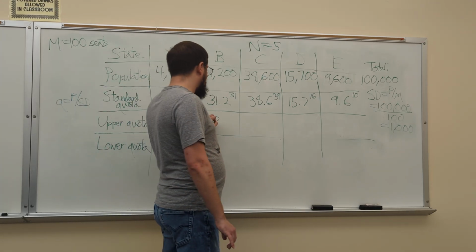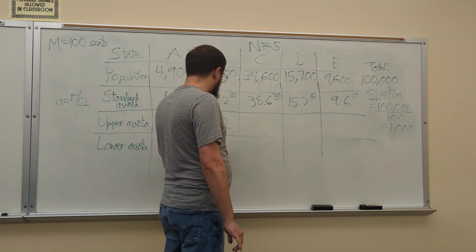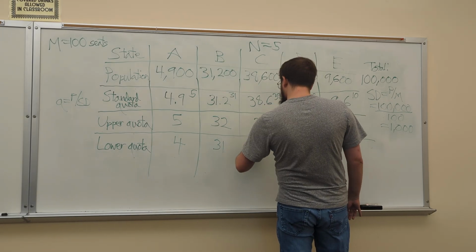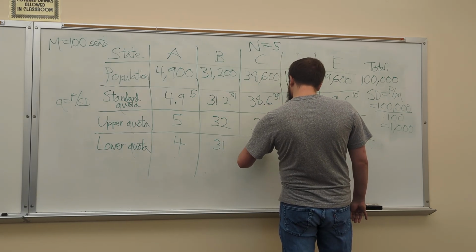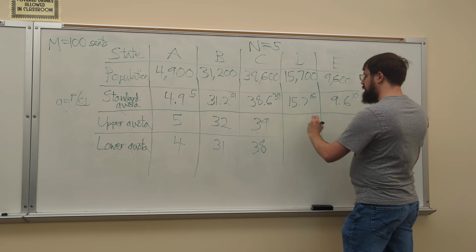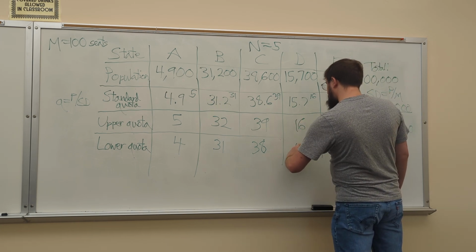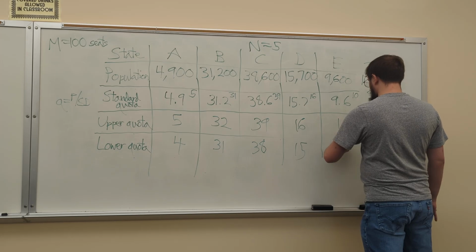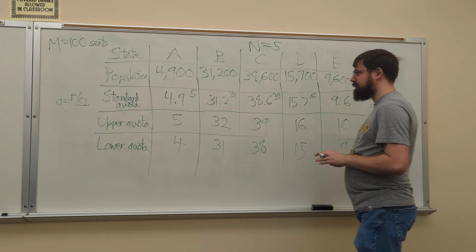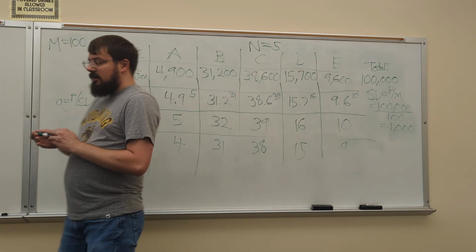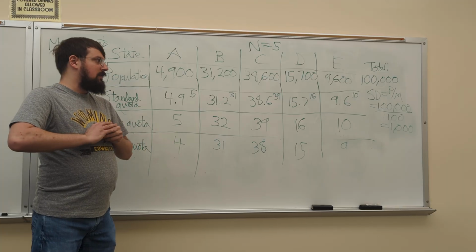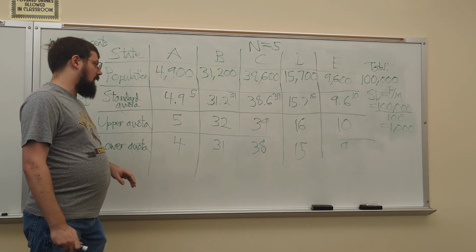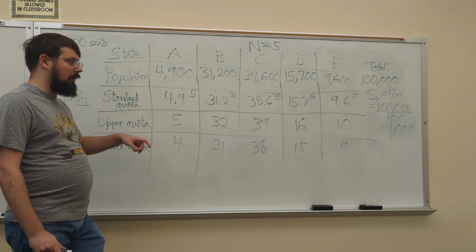B, upper quota 32, lower 31. C, 39 and 38. D, 16 and 15. And E, 10 and 9. We'll talk about several different apportionment methods, but several of the ones that we'll talk about use either the upper quota or the lower quota.